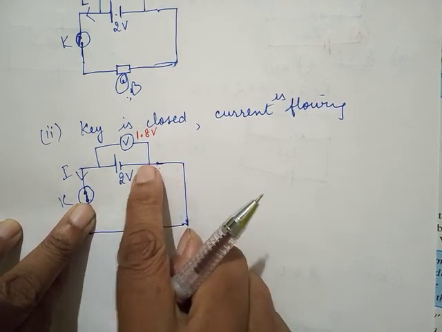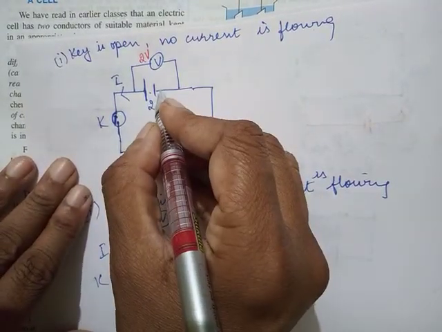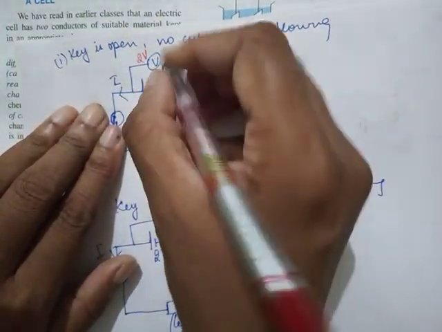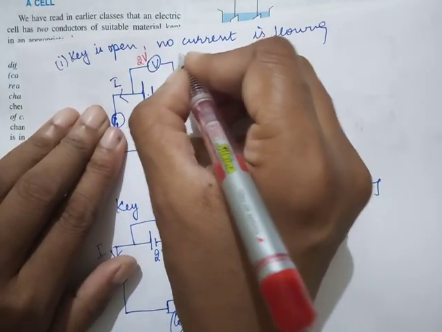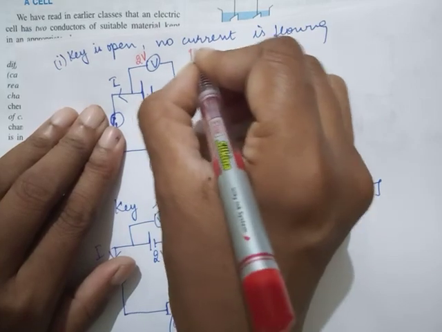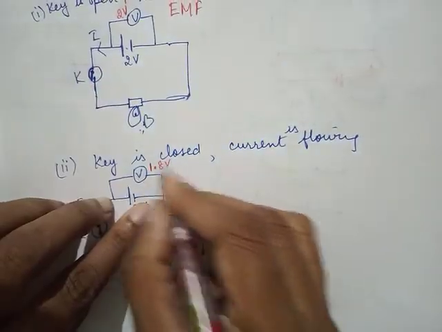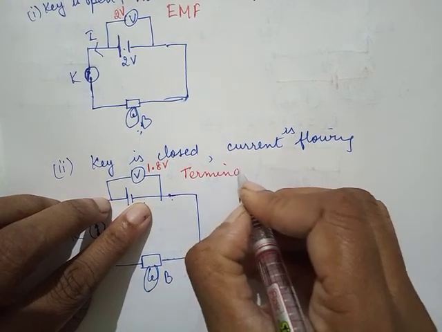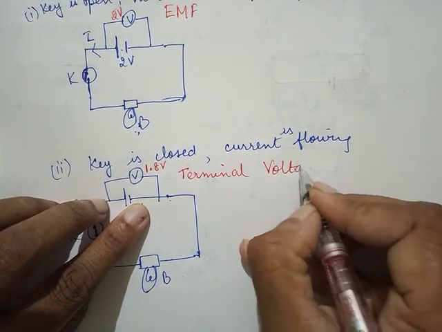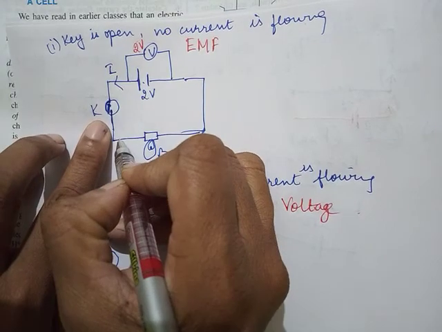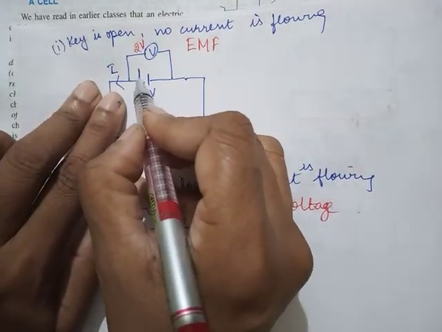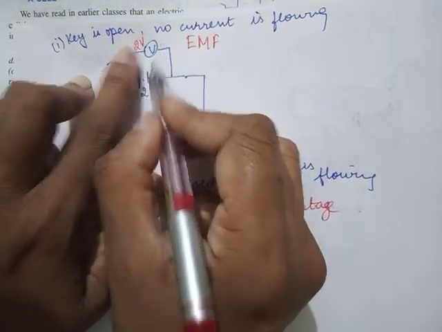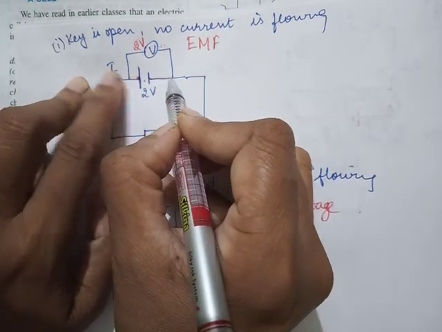Now this voltage is called EMF, this one is called EMF, and this one is called terminal voltage. When current is not flowing in the circuit, the voltmeter is measuring the potential difference between these two terminals.